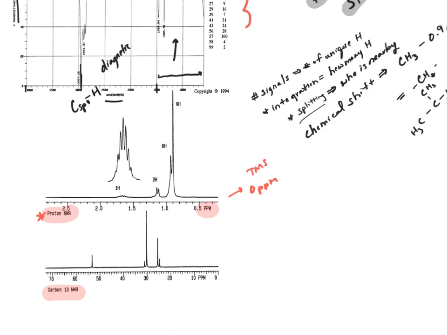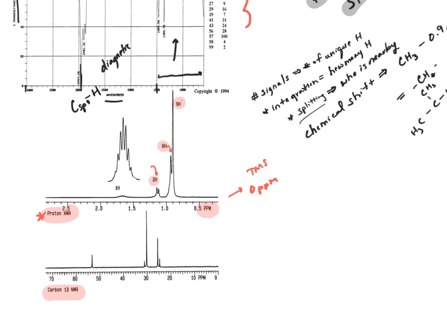So a singlet that integrates to 9 protons, right? And so in each of these NMR spectra, they're giving you the integration, right? So they're telling you this is a signal, it integrates to 9 protons. There's a signal here that integrates to 6 protons. There is a signal here that integrates to 2 protons.